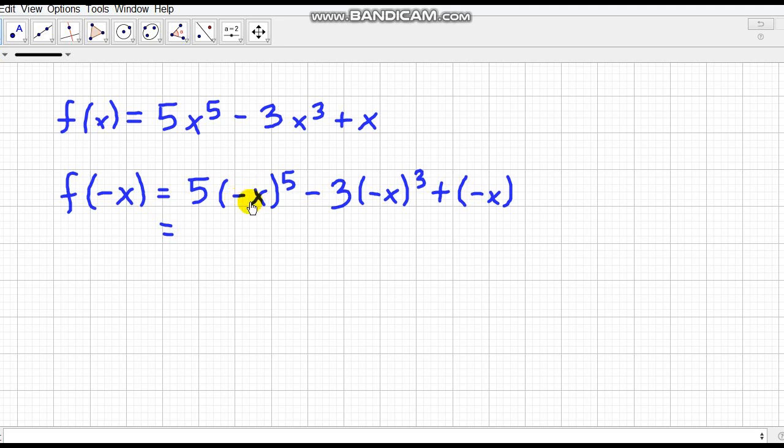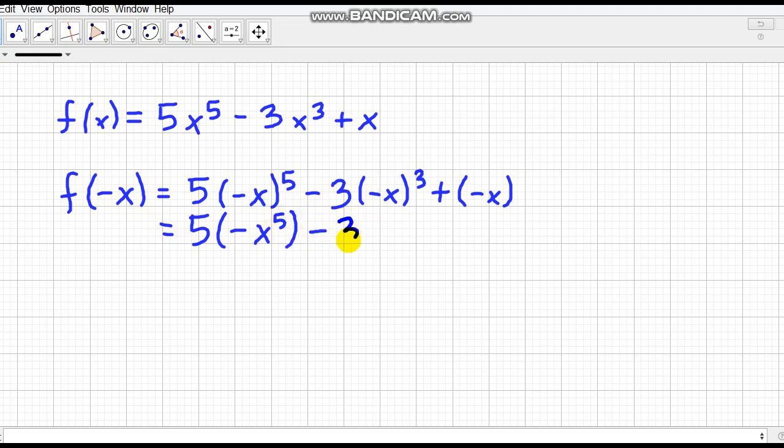Now, let us remember that whenever we raise a negative number to an odd exponent, the resulting answer is still negative. Like if you raise negative 2 to the 5th power, the result would be negative 32. So in this case, negative raised to the 5th power would still be negative, then x raised to the 5th power.